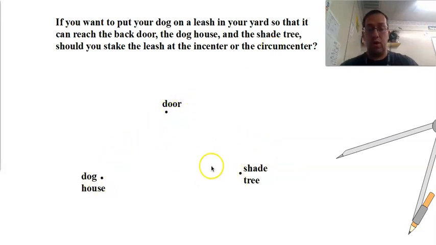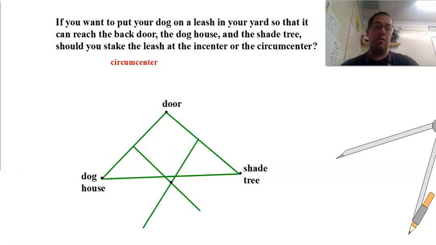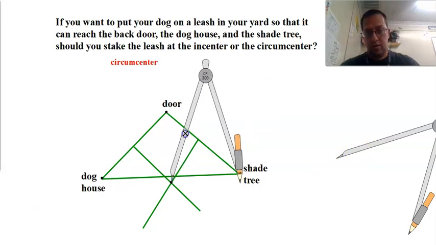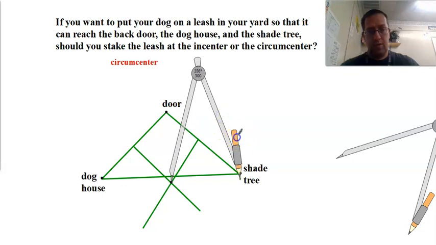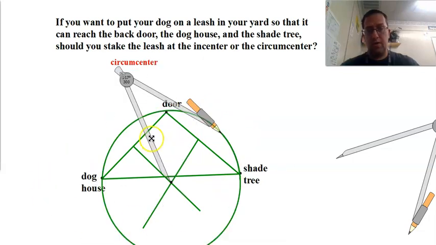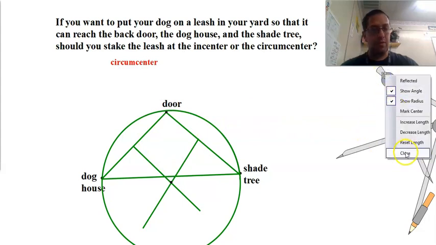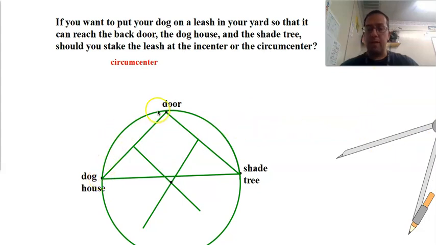These are the corners, right? So which one is the same distance to all the corners? That is the circumcenter right there. So, for example, just so you can see this, the incenter is going to be right there, same distance to all the sides. I don't know why I have 2 compasses now, whatever. Same distance to all the corners, the circumcenter.